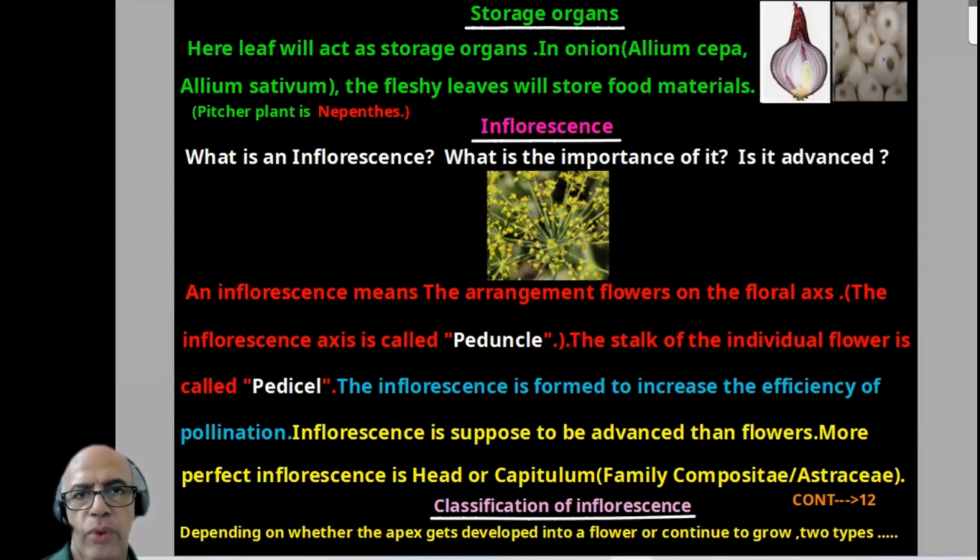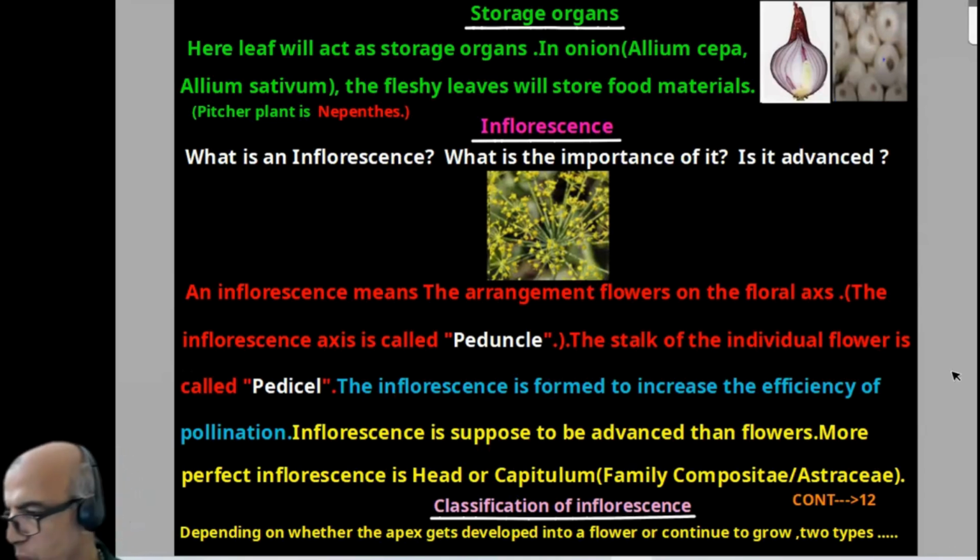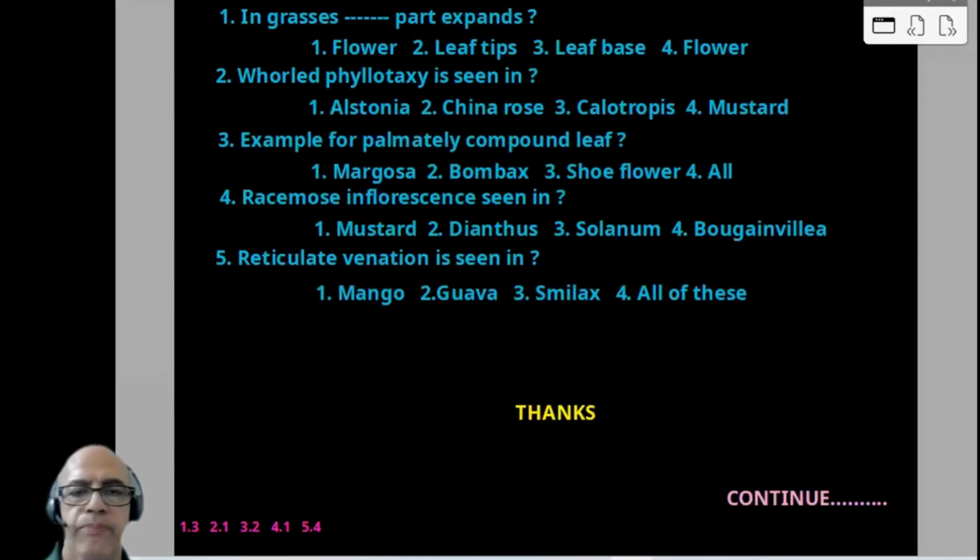More efficient inflorescence is capitulum or head inflorescence of family composite or Asteraceae. Then classification of inflorescence based on whether the apex develops into a flower or continues to grow. Racemose and cymose. In racemose, what are the characters? Then what is acropetal? What is basipetal? And with example. After that, 5 theory questions and 5 NEET model questions as usual with the key.